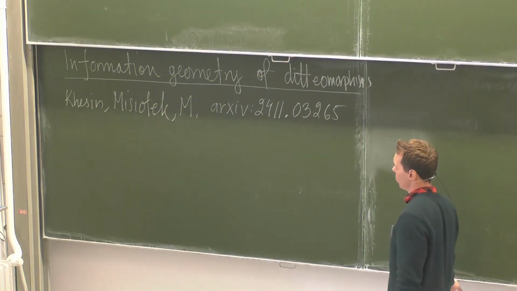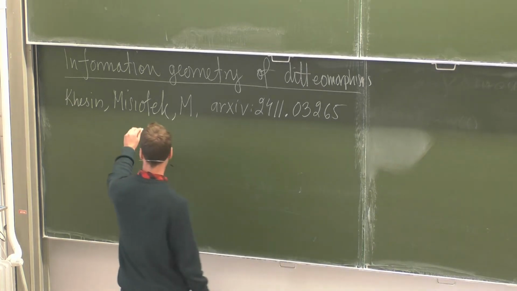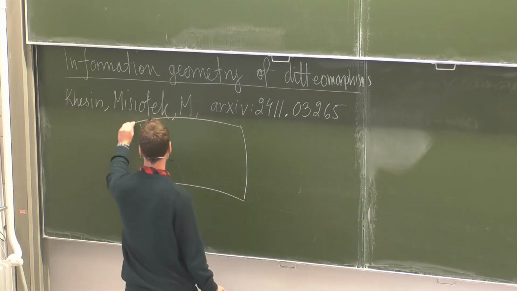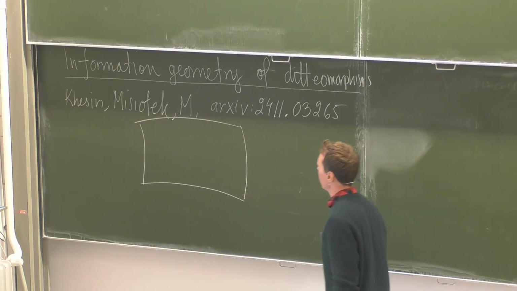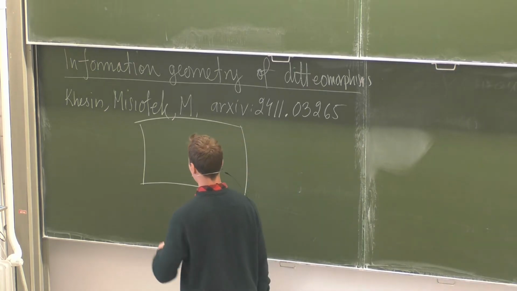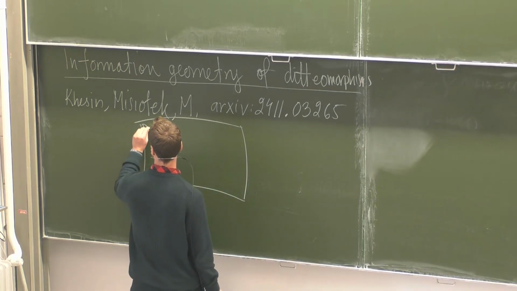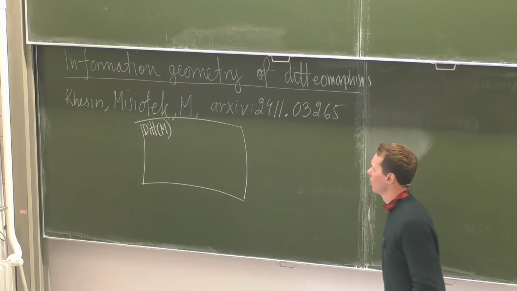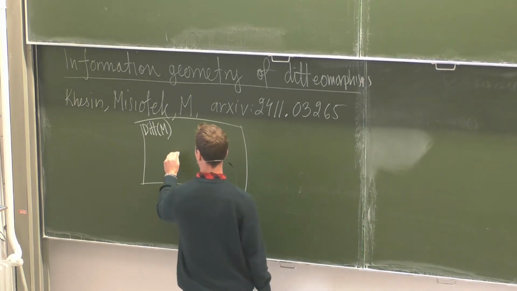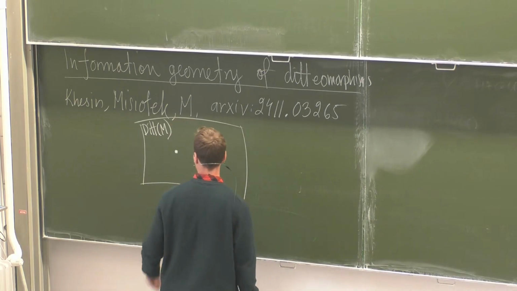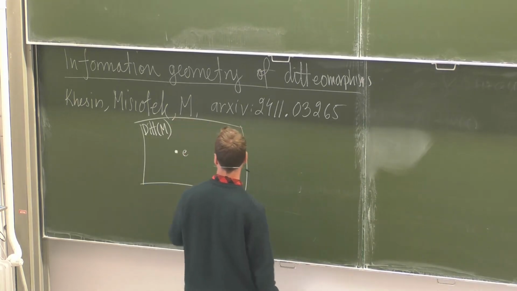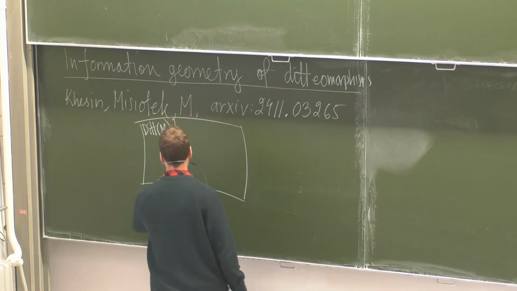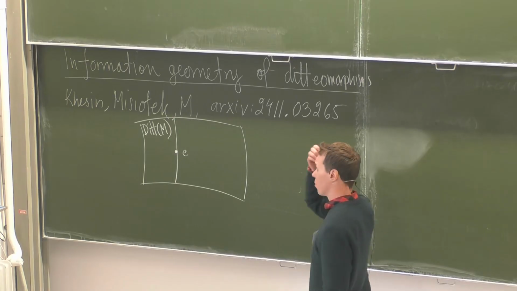So let me start again with this picture that I had last time. Principal bundle picture. So we take some compact smooth manifold M. We look at the diffeomorphisms of M. It has a group structure, identity, and then we take the subset of volume-preserving diffeomorphisms.